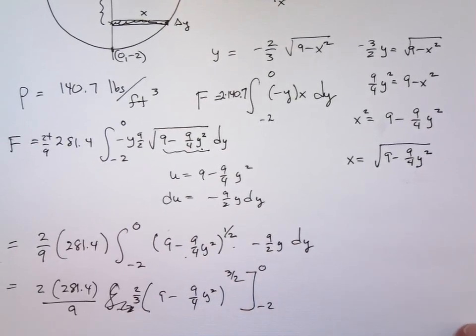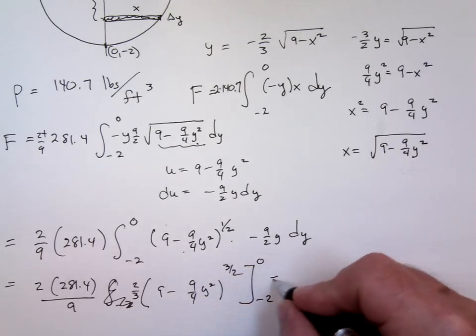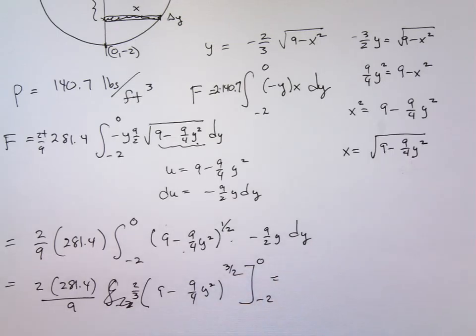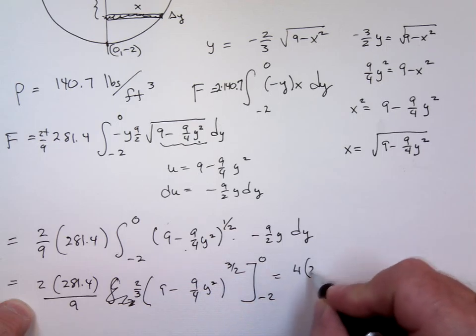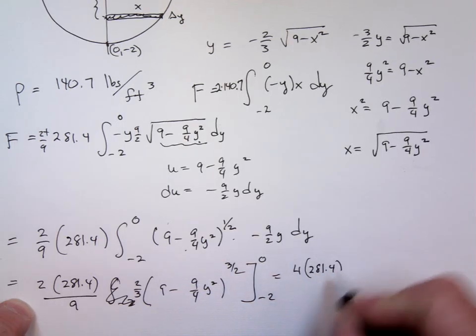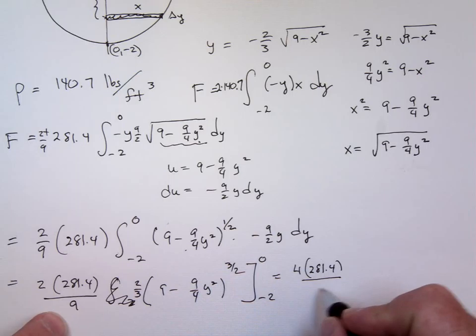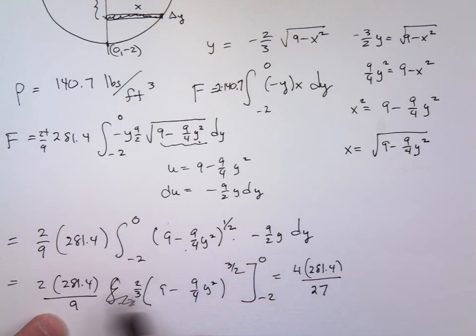This is something I would do in Mathematica, but we can do a little bit here. We've got 4 times 281.4 over 9 times 3, 27. That's this.